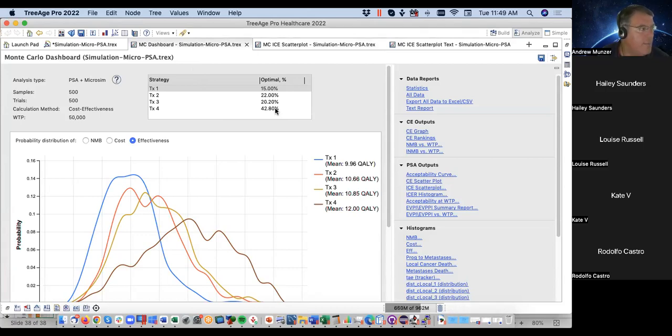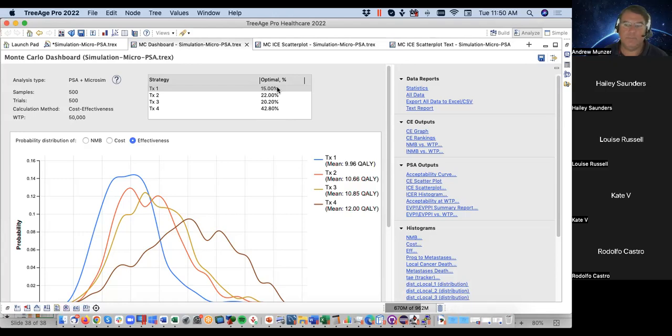It doesn't mean we're not going to recommend it, but we're still going to have some kind of, hedging might be the wrong word, but some kind of appreciation that it's not crystal clear that it really is the most cost-effective strategy, because it didn't take a whole lot of change in the uncertain input parameters for one of these other strategies to be considered most cost-effective, including even treatment 1, 15%, which was the least cost-effective at the base case.